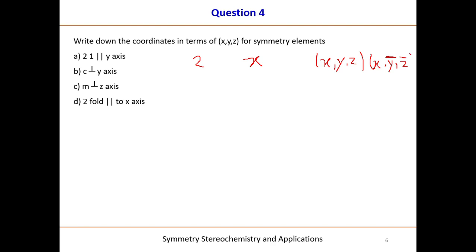This is the way of writing the equivalent coordinate in xyz form.